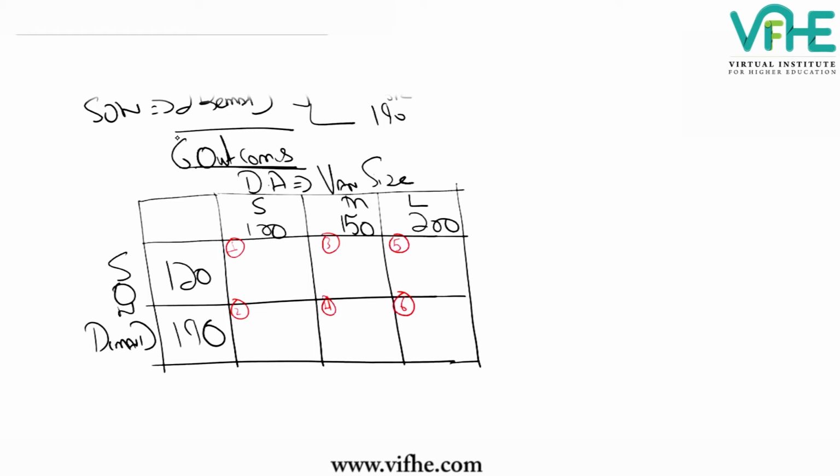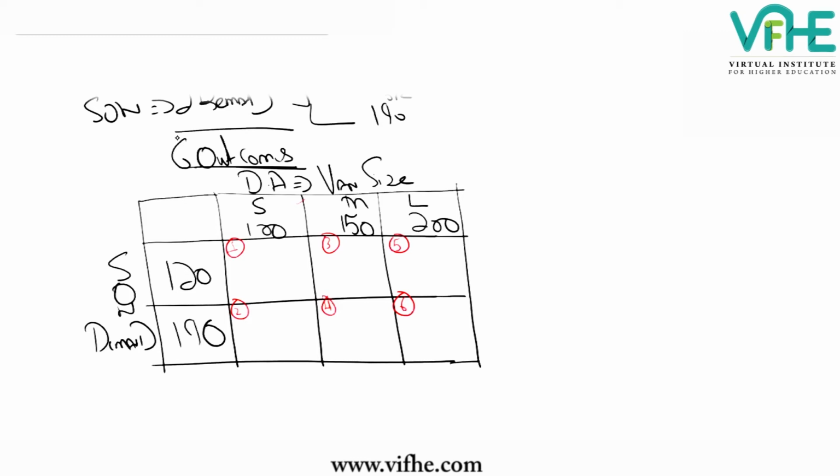And keep this in your mind: once you're calculating profits, first calculate the profits for each DA for all the possibilities of that decision alternative. Like for small, you will work out the profit if the demand is 120 or 190.